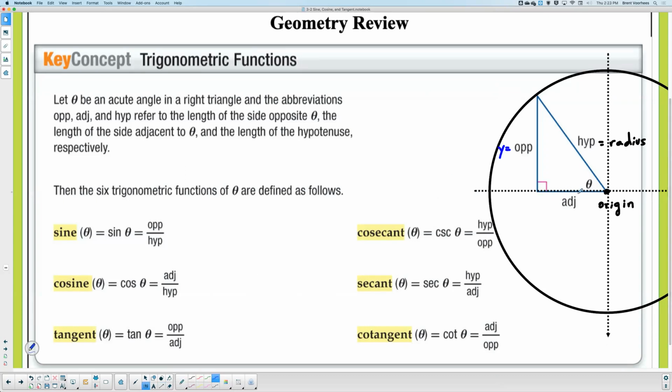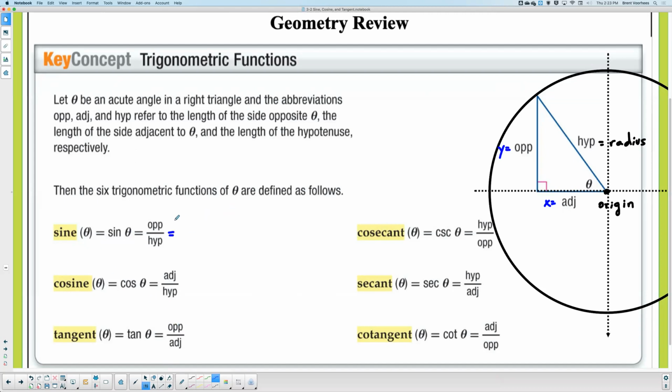What about adjacent? Is that an x value or a y value? That's an x value. And notice if you go through here, you hear SOHCAHTOA. If you're like, what's SOHCAHTOA? I don't remember my teacher telling me. It was that sine was opposite over hypotenuse. Cosine's adjacent over hypotenuse. Tangent is opposite over adjacent. TOA. SOHCAHTOA. That's what it was.